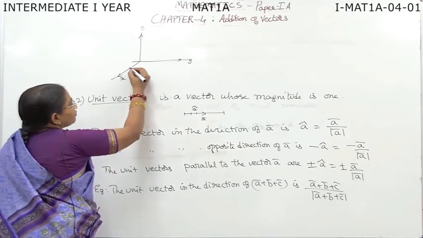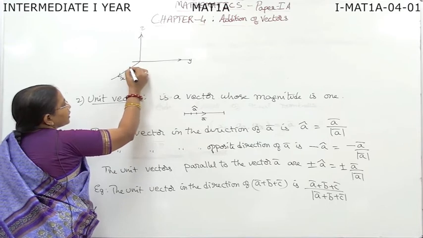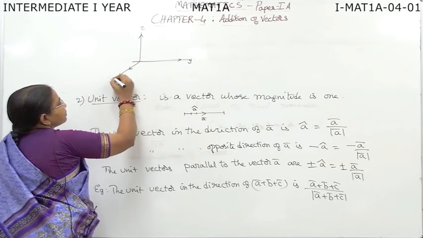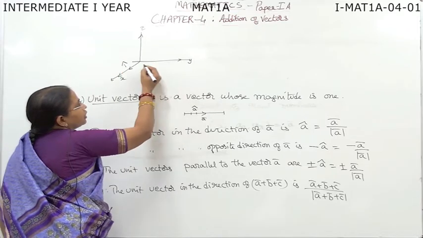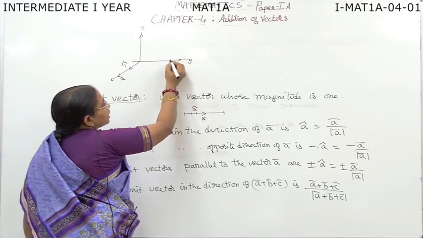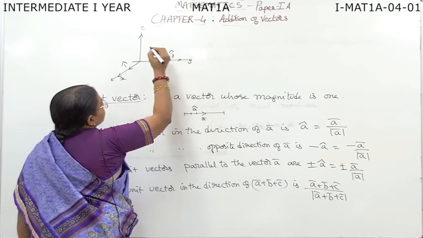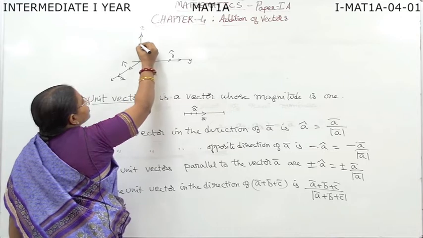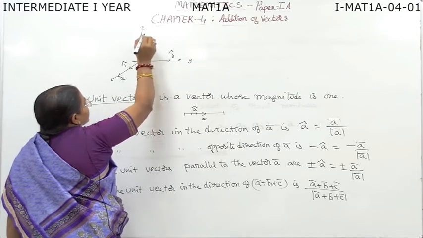Suppose that this length is 1 unit. The unit vector in the direction of positive x-axis is denoted by i cap. The unit vector in the positive direction of y-axis is denoted by j cap. The unit vector in the positive direction of z-axis is denoted by k cap.